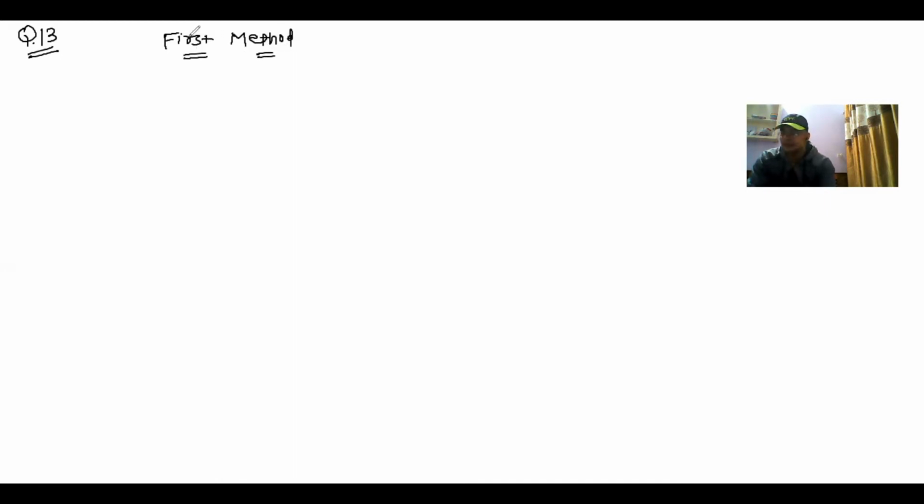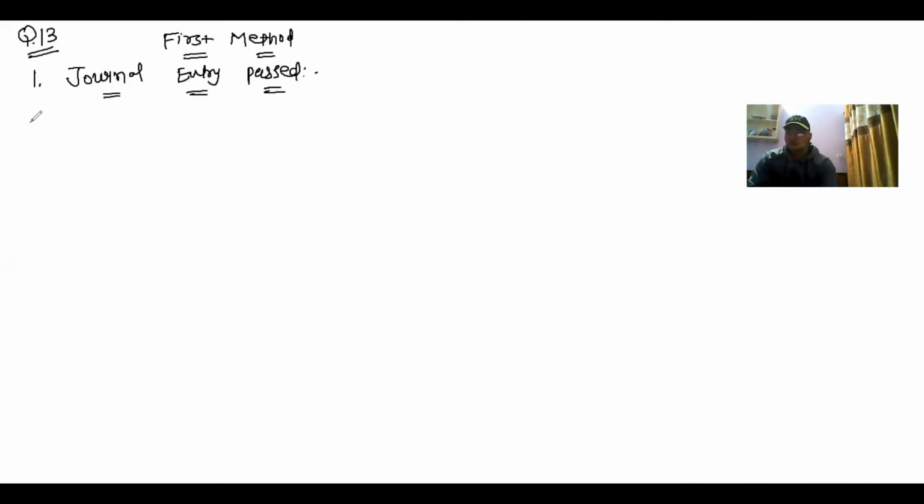When the entry is recorded, means when the journal entry is passed. First method.